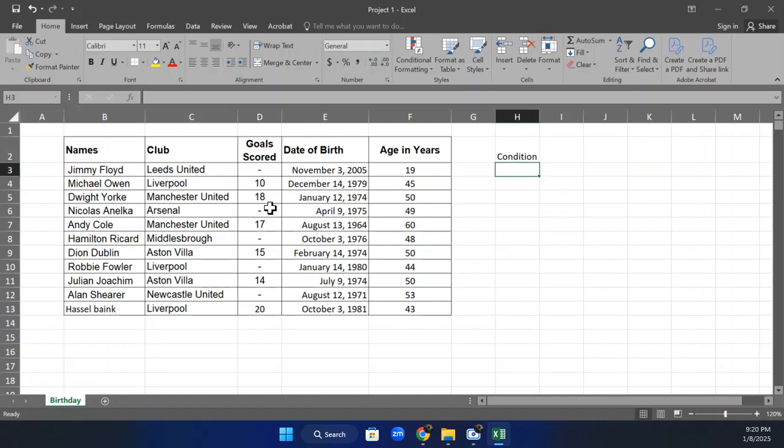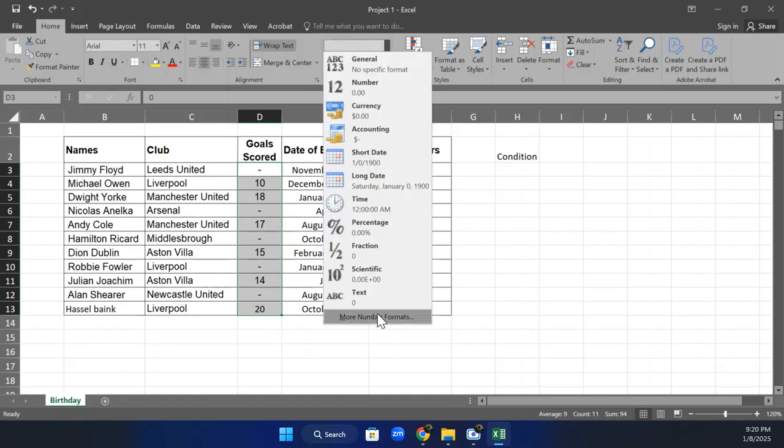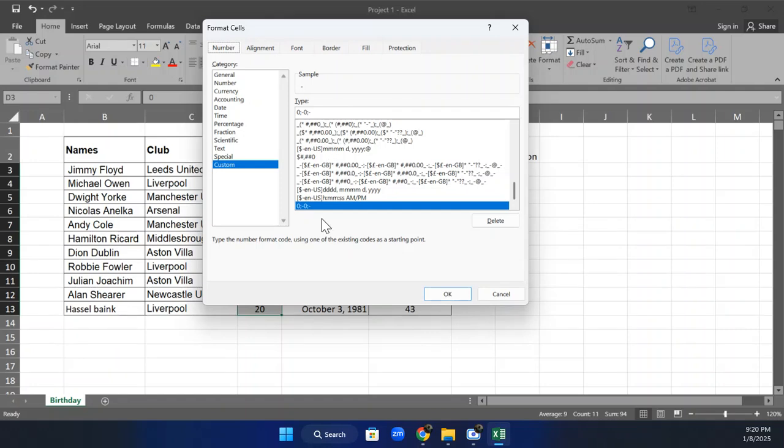So I've just taken you through how to replace the zero with the dash in your work. Basically, what I said was you select, then you come to custom, then this is the format we have introduced.